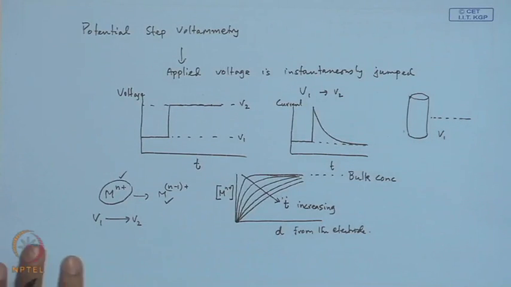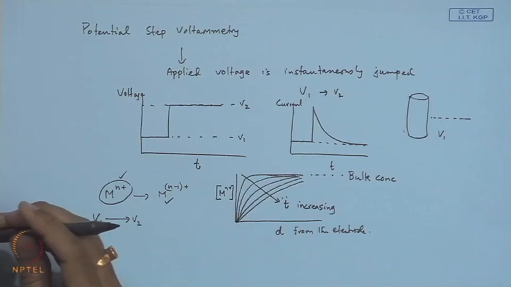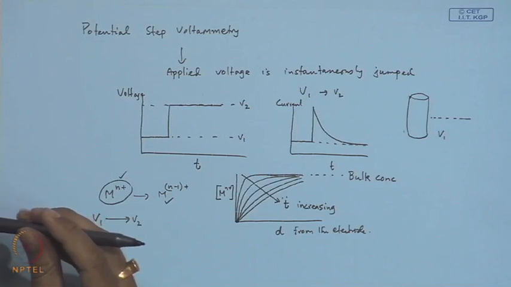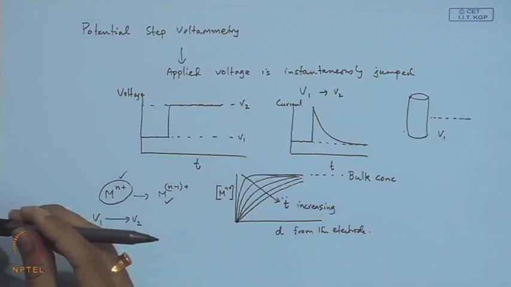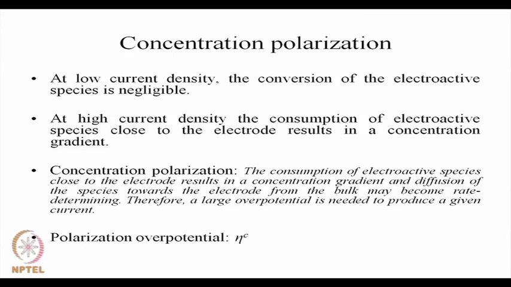Using the mass transport equation, which has a relation to the current that is observed, you can find out the diffusion coefficient. So, anyway, a large over potential is needed to produce a given current.